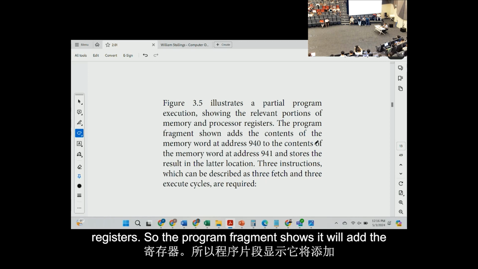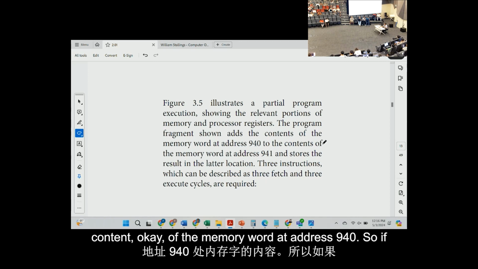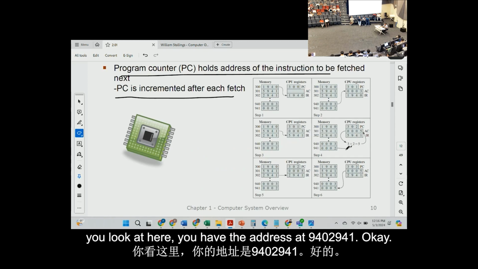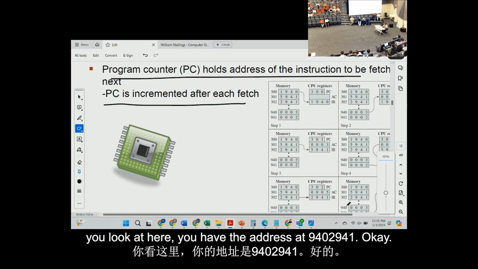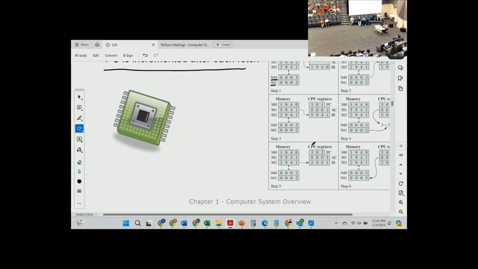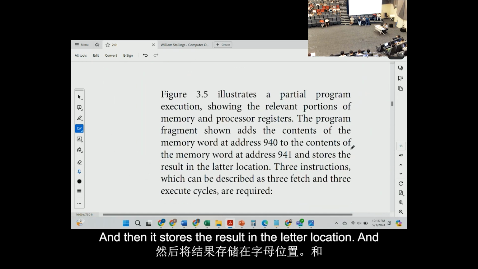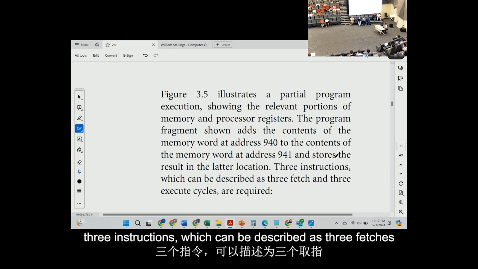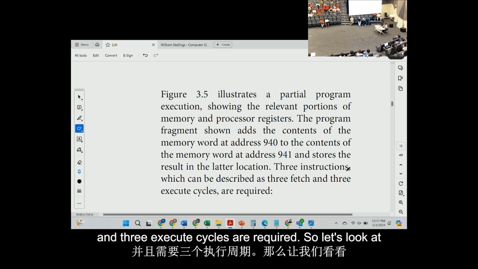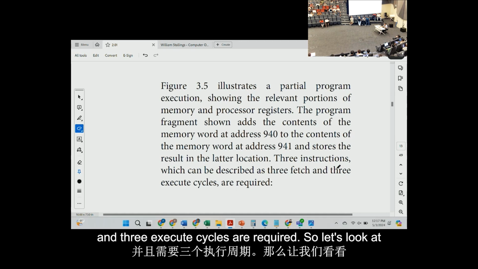The program fragment will add the content of the memory word at address 940, and you have addresses 940 to 941 here. Then it stores the result in the latter location. Three instructions, which can be described as 3 fetches and 3 execute cycles, are required.